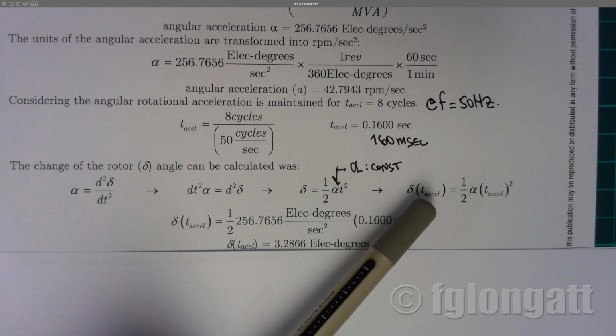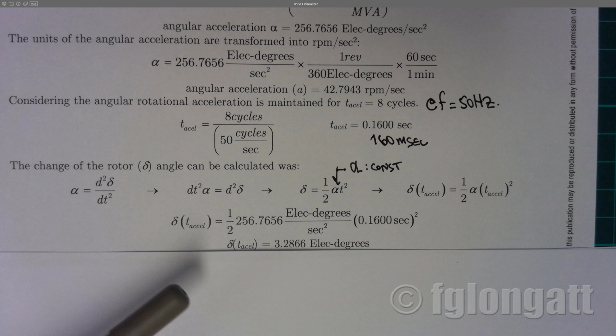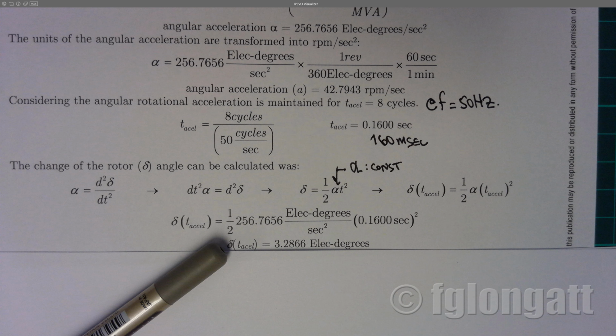Now what we need to do is substitute inside this equation the accelerating time. The accelerating time is 0.16 seconds, and from there what you can see over here is the result, and the result is clear and evident. During a time period of 0.16 seconds, or 160 milliseconds, the angle will change by 3.286 electrical degrees.